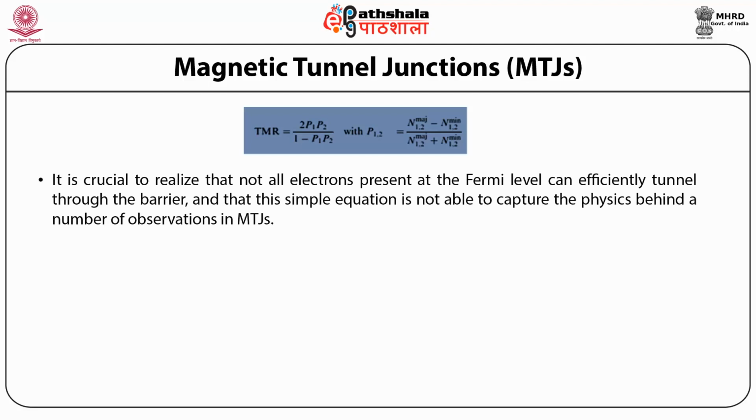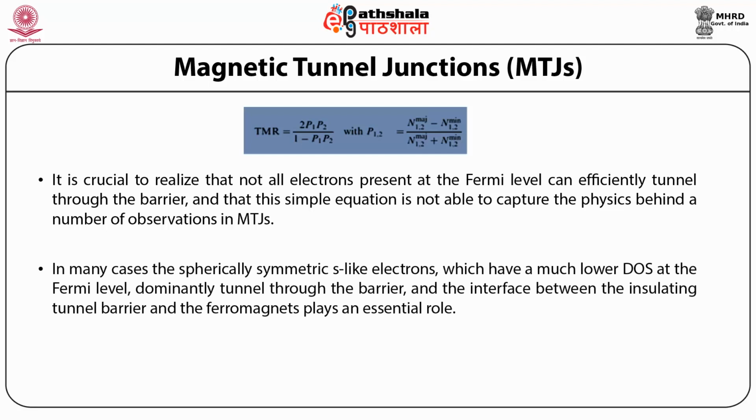It is crucial to realize that not all electrons present at the Fermi level can efficiently tunnel through the barrier, and that this simple equation is not able to capture the physics behind a number of observations in MTJ.